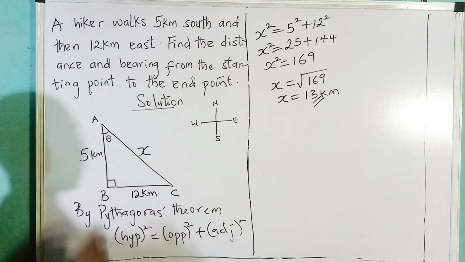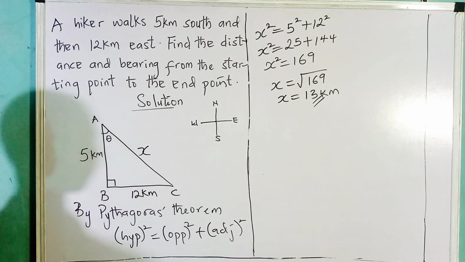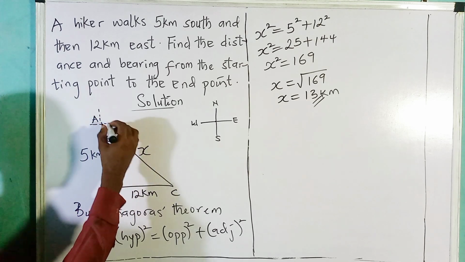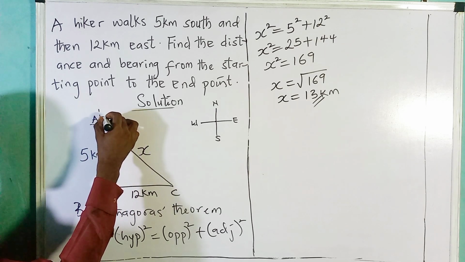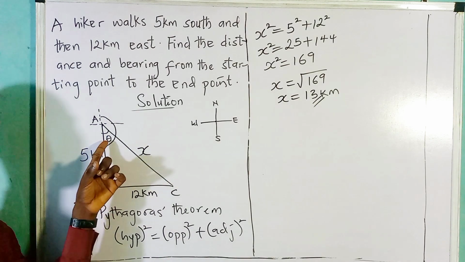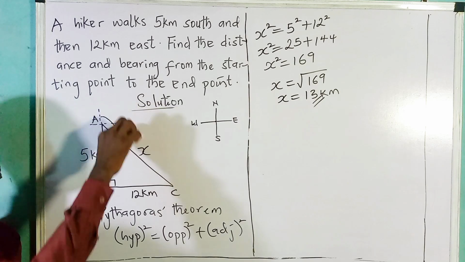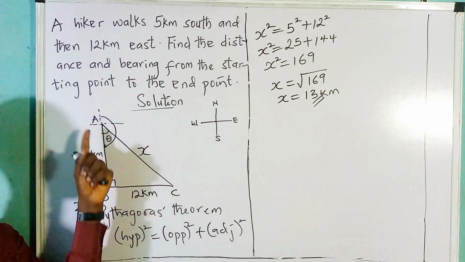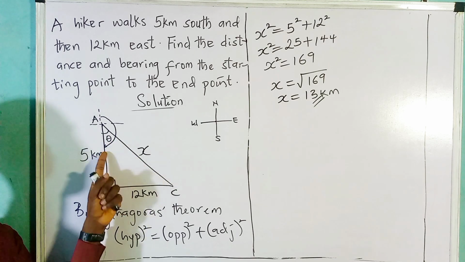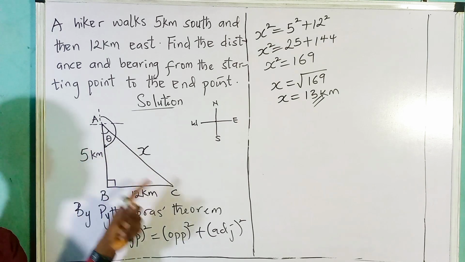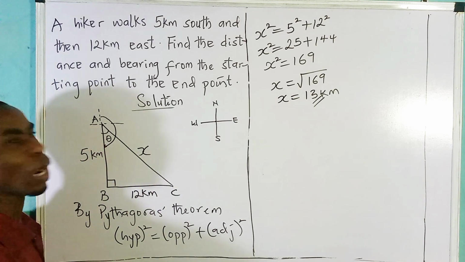So we need to find the value of theta. This is supposed to be 90 degrees from this part to this part. If we get the value of theta, we subtract it from 90, we'll be able to get the bearing from A to C. So how do we get theta?